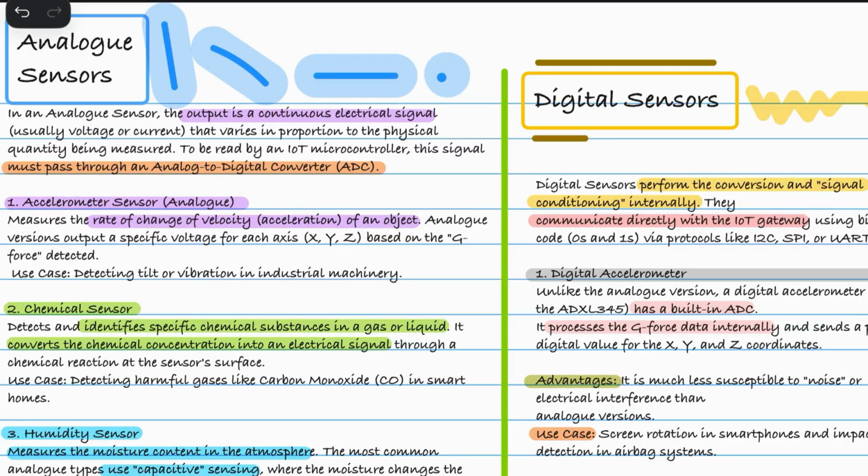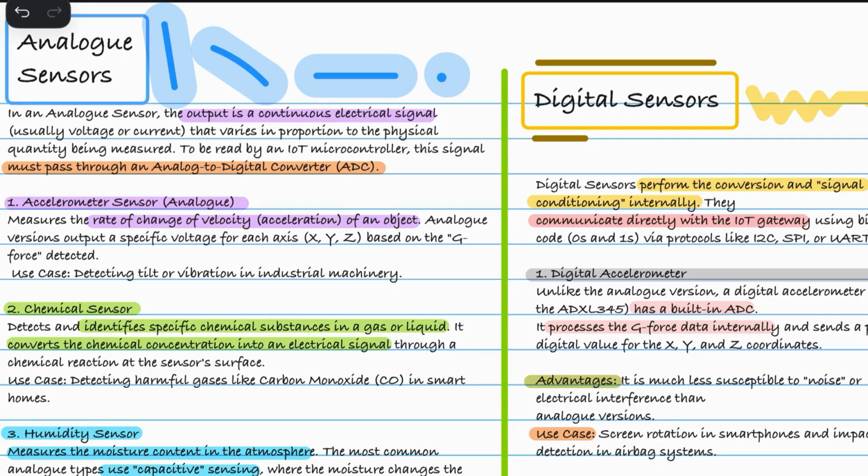Let's have a detailed discussion of the types of analog sensors which are used in the real world. The very first kind of analog sensor is the accelerometer. It measures the rate of change of velocity. If there is any change in position, in weight, or in any velocity, it is measured by the accelerometer.